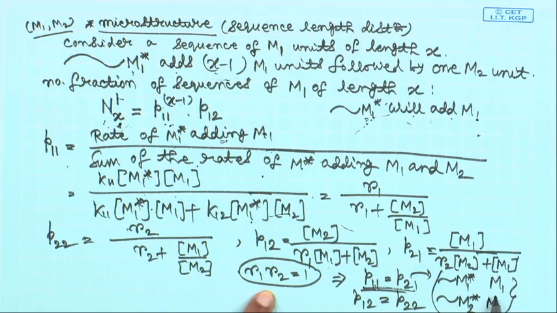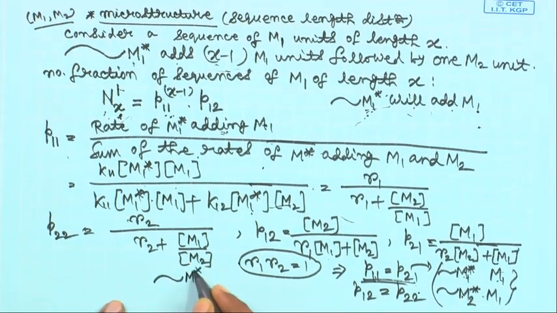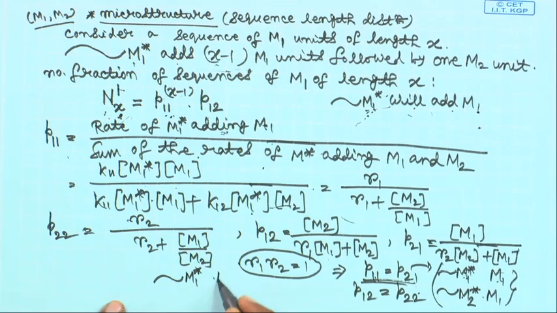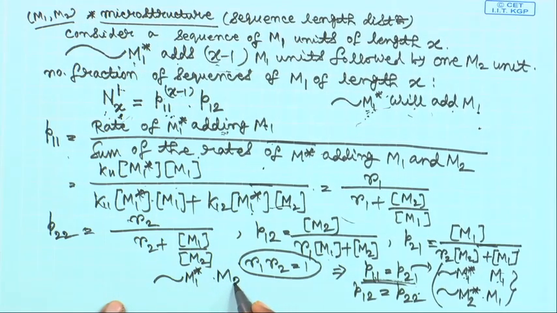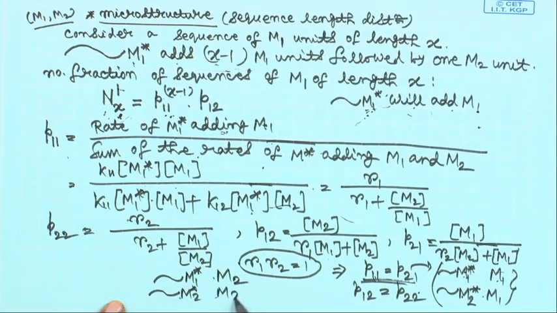That means, whether M1 will add at the end of the chain or not does not depend on whether at the end of the chain it finds M1 star or M2 star. In the same way, P12 equals P22, that means the probability of M1 star reacting with M2 and the probability of M2 star reacting with M2 are the same.